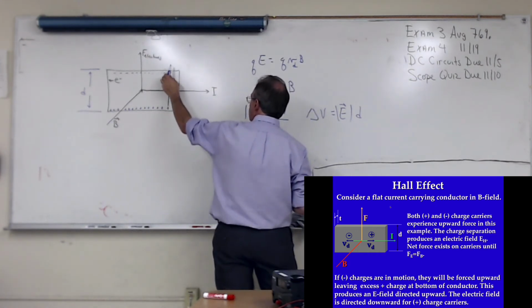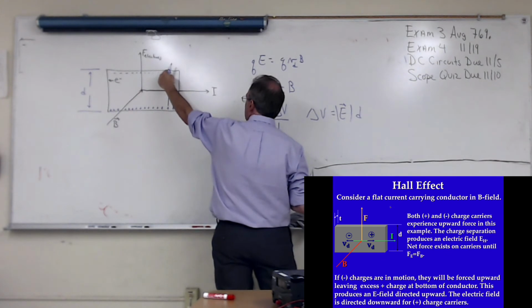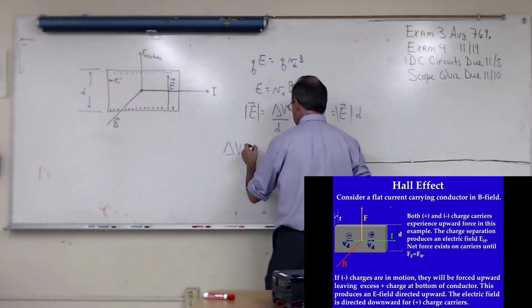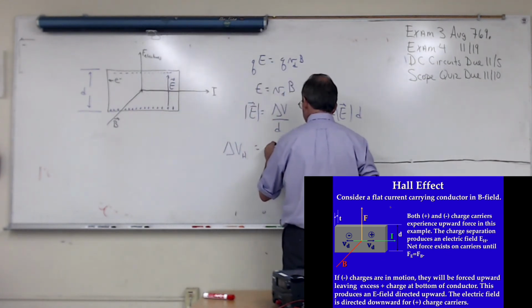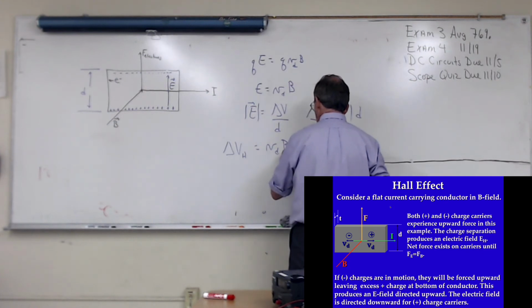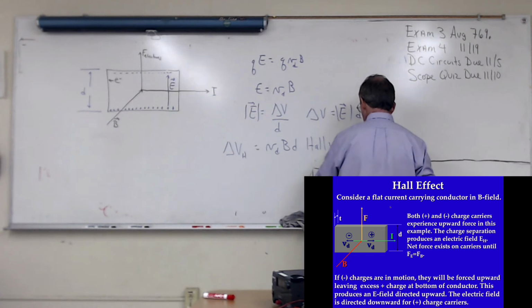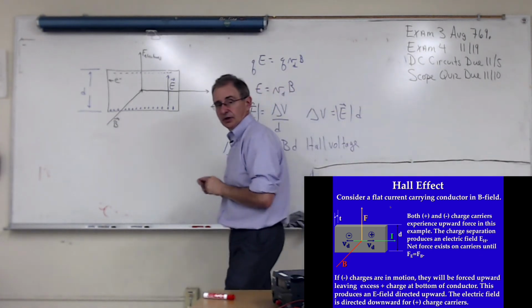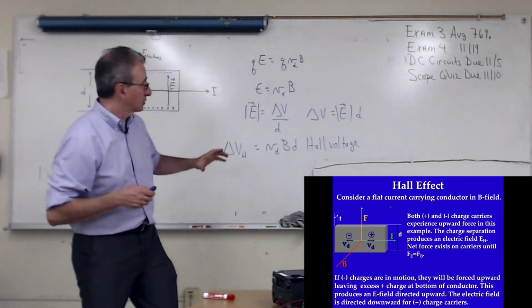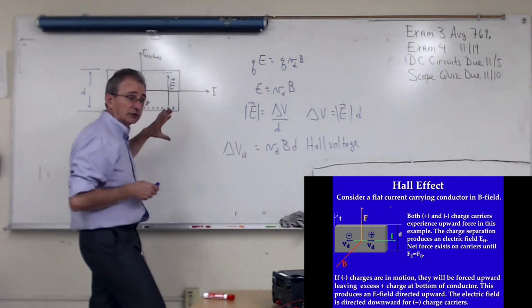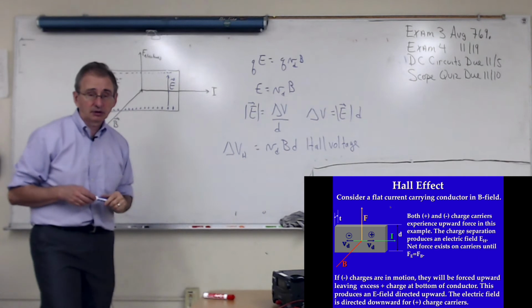If the electric field points this way, then this is at a lower potential and that is at a higher potential. This is called the Hall voltage. It's a small voltage, but you can measure it between the two ends.